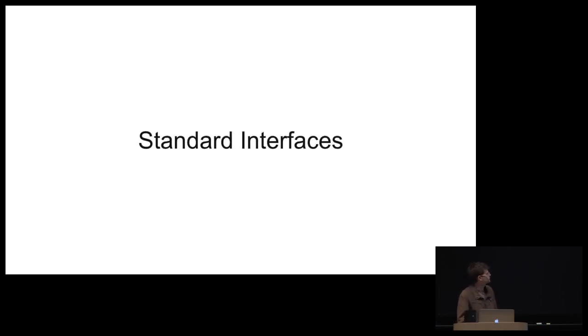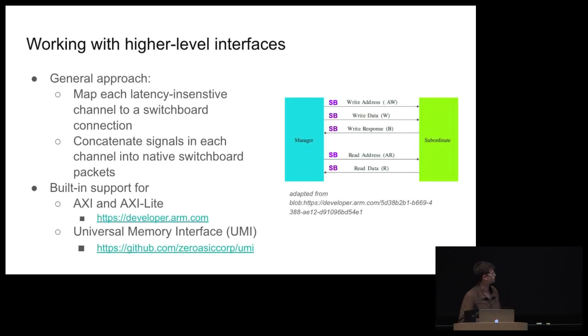I'd like to talk now a little bit about how to operate with higher level interfaces when using Switchboard. Switchboard packets are great for general purpose communication, but in a lot of cases there's already a standardized latency insensitive interface being used in the system. For example, AXI is a widely used one.